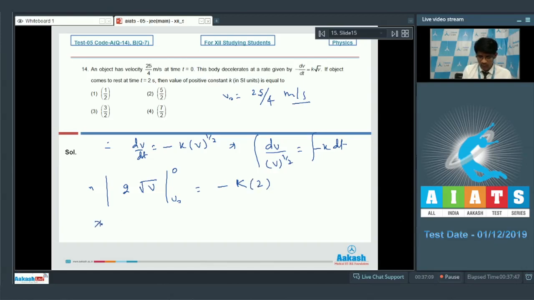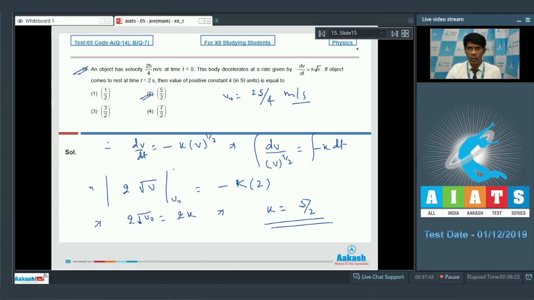So this part comes out to be 2 root v naught equal to 2 into k. So k comes out to be root v naught, that is 5 divided by 2. That is the answer in SI unit. So option 2 is the correct answer for question number 14.